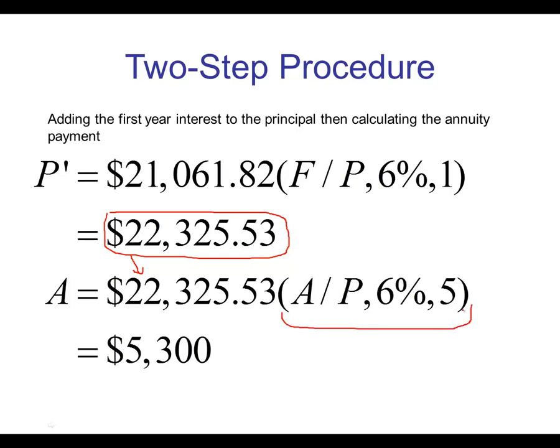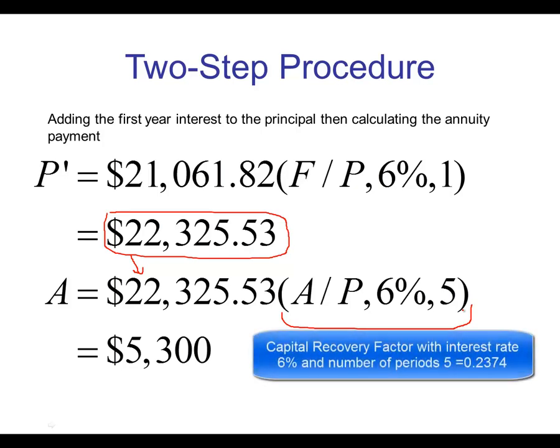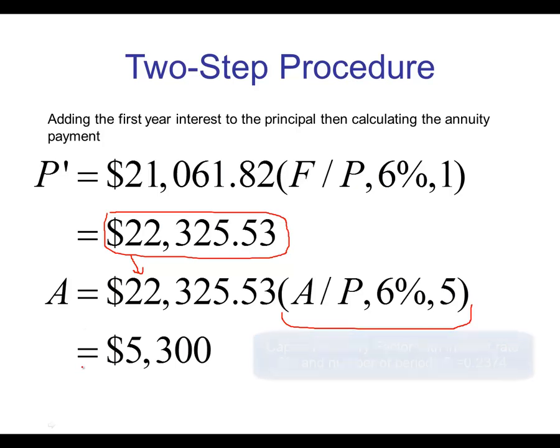I will use the value for that factor, and I will multiply it by the new p, and I will get 5,300 per year. So if you would like to defer it 1 year ahead, instead of paying the first year by the end of the first year to pay by the end of the second year, it can be done, but that will add $300 on your annuity payment for the next 5 years.